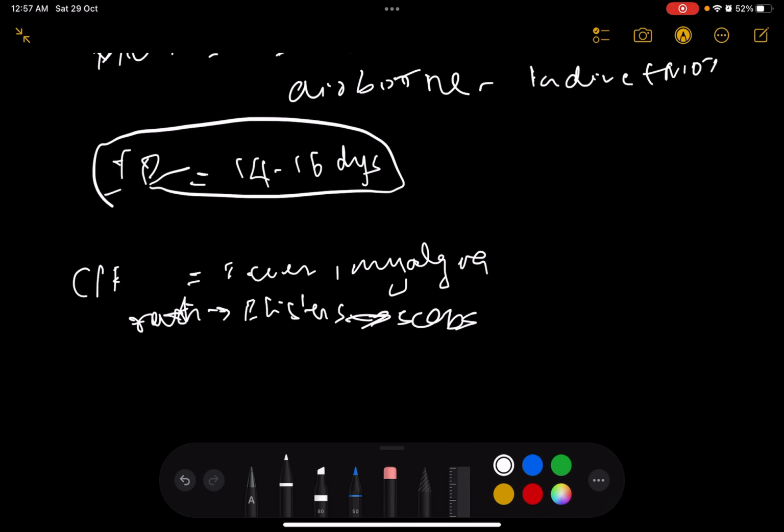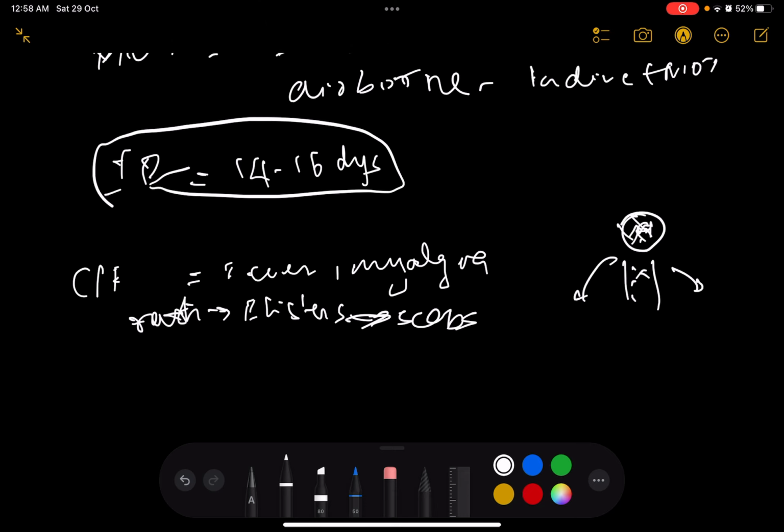It starts as a maculopapular rash, then becomes vesicles, it can become pustules, and then scab. And it starts with the face and goes peripherally. So there will be a rash first on your face or your trunk, and then towards the extremities. That's an important point to note.